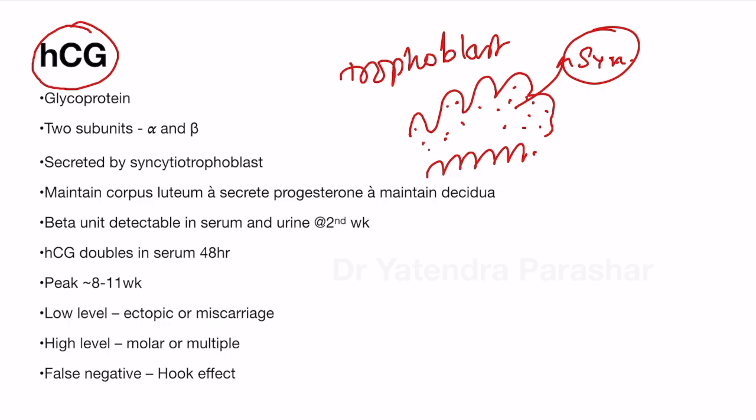It is a glycoprotein with two subunits, alpha and beta. It helps in the maintenance of the corpus luteum during pregnancy, and it helps in the maintenance of the decidua.